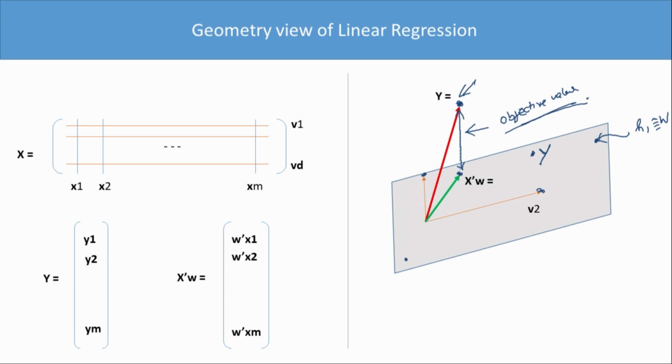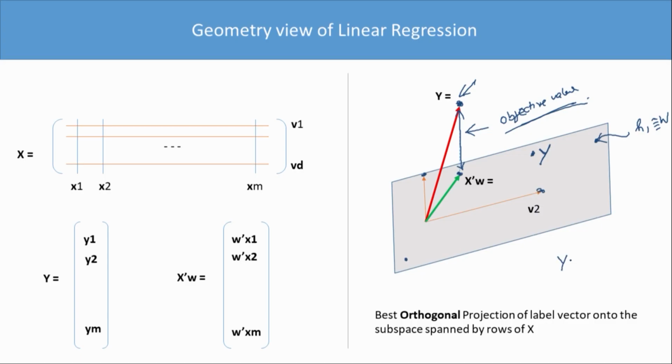And that will be your prediction. So this is one geometric representation of whatever we saw earlier. It is the best orthogonal projection of the label vector onto the subspace spanned by the rows of X. That is our answer.